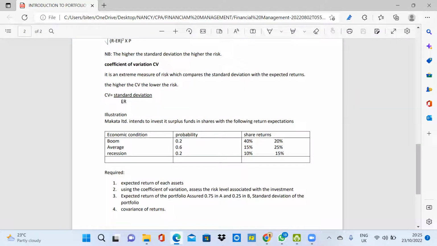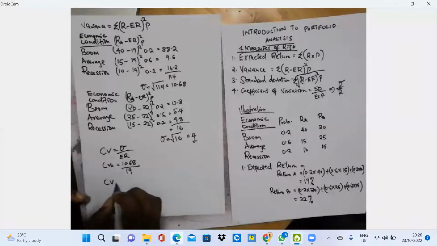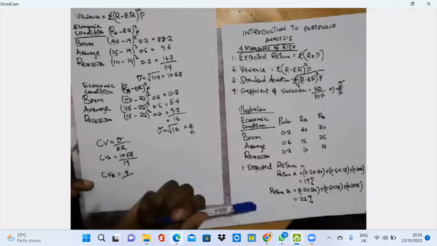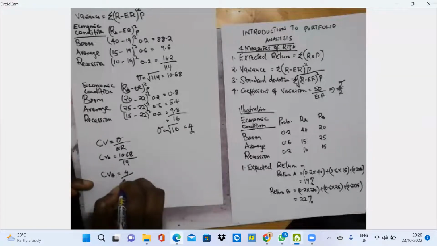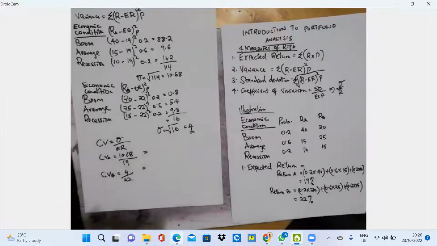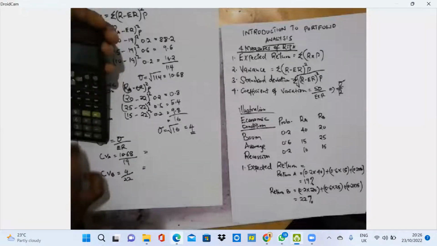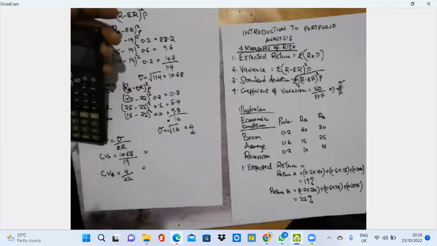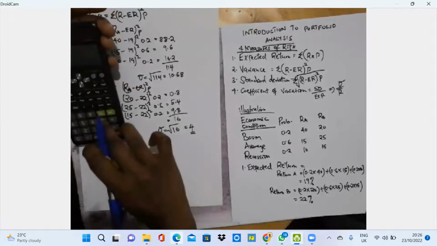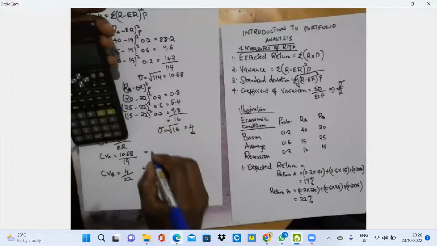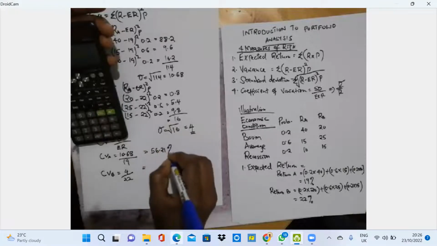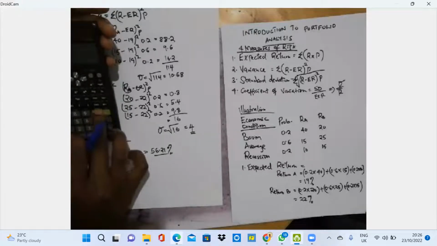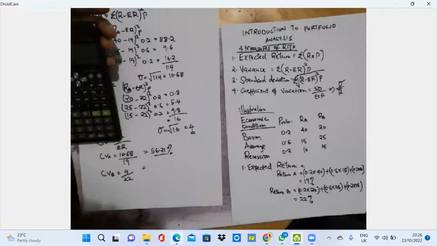And for coefficient of variation of B, we take the standard deviation, which is 4, and divide by expected return of 22. So 10.68 divided by 19, I'm getting 0.56, times 100, that is 56.21%. And 4 divided by 22 times 100, I'm getting 18.